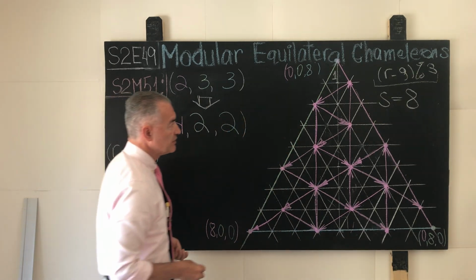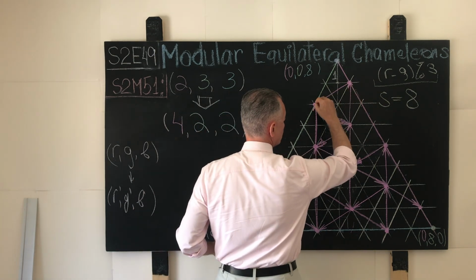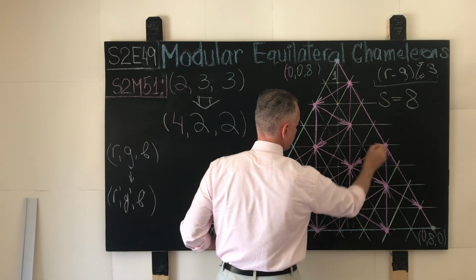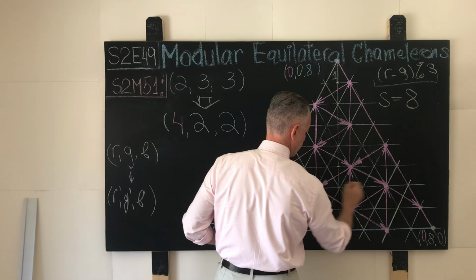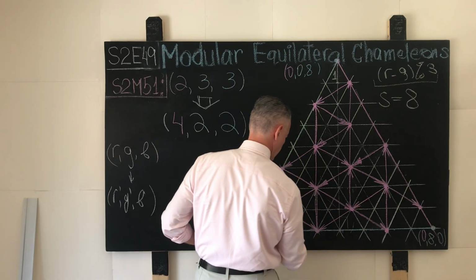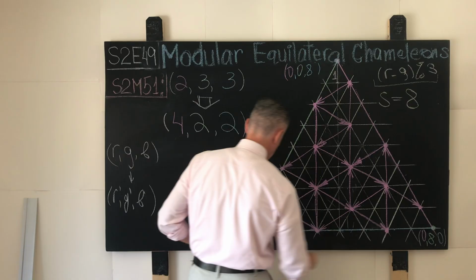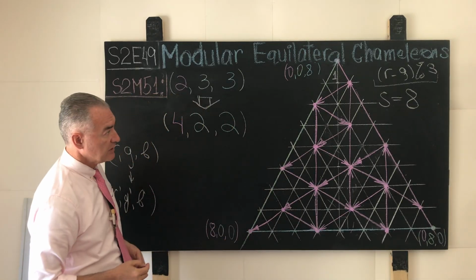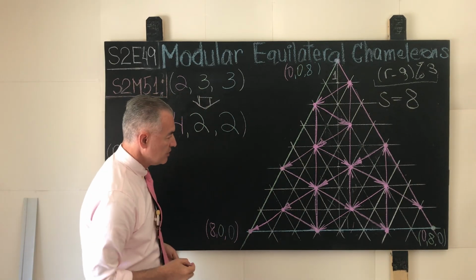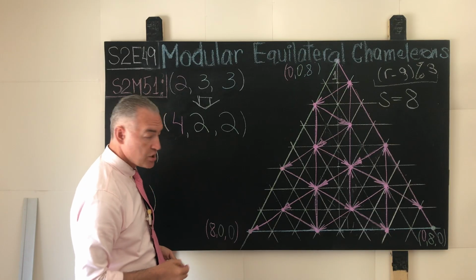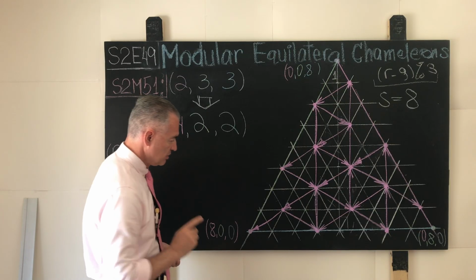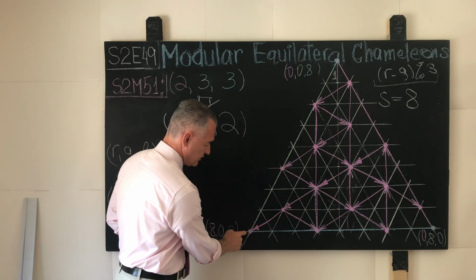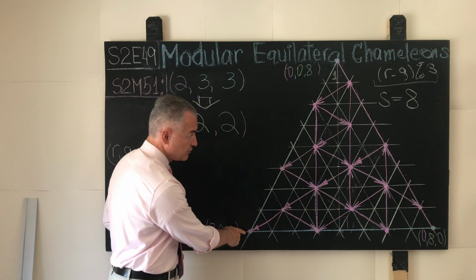Now let's see if we missed anything. So on this level we have 1, 2, 3, 4, 5, 6, 7, 8, 9, 10, 11, 12, 13, 14, and our 15th point. So it looks like I have covered all the points that are reachable if we want to get to the red vertex of the parent triangle.